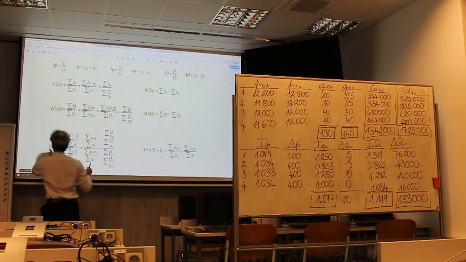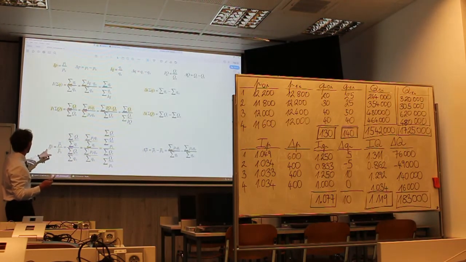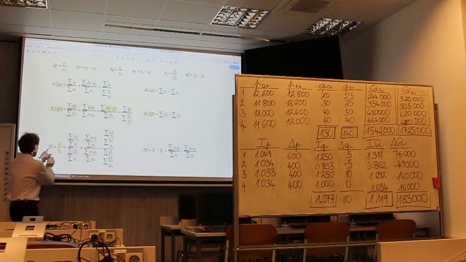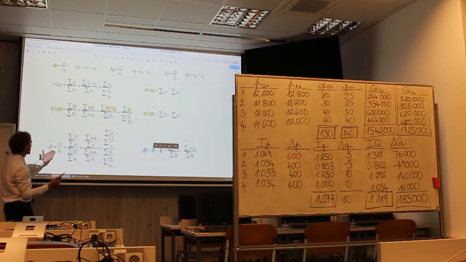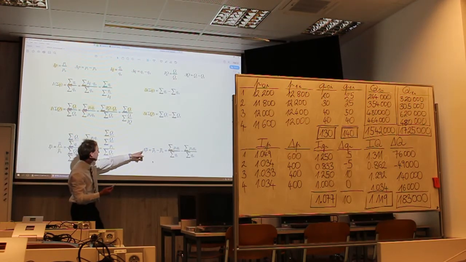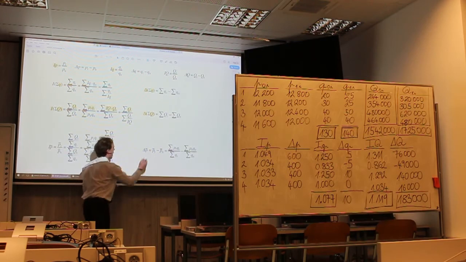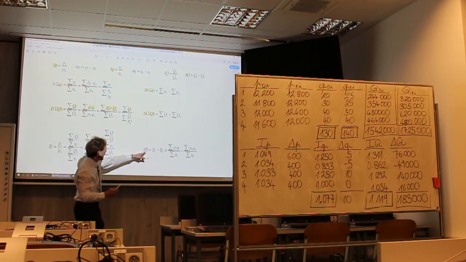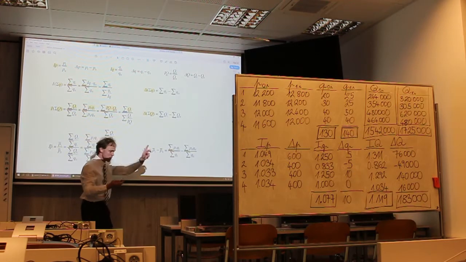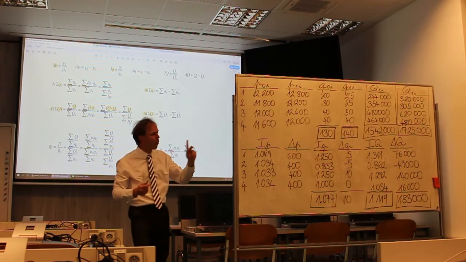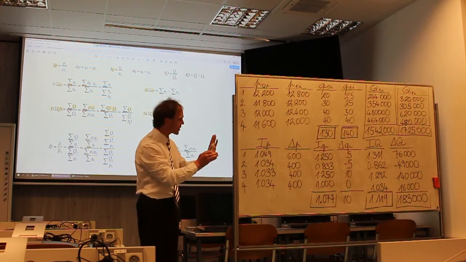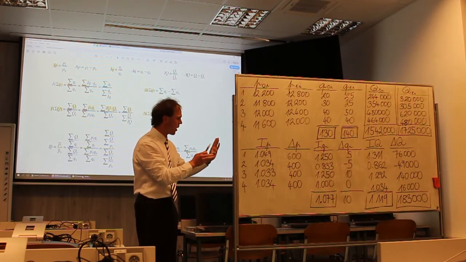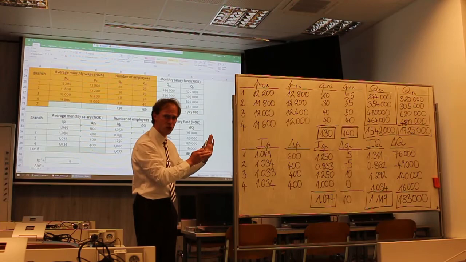So we will use these two formulas: index for average wage in this situation, and delta, absolute difference for average wage. So I will clear the whiteboard and we will calculate these last two values.